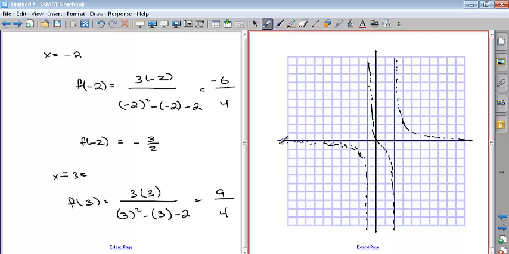And that's it. Okay, so let's plot that. And let me look at my book so I get this right.